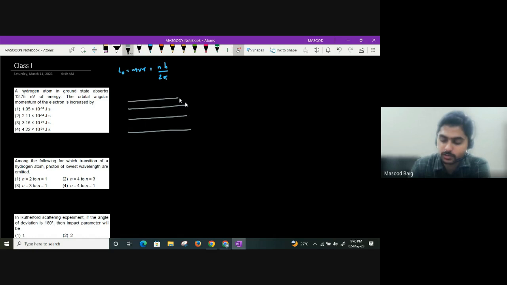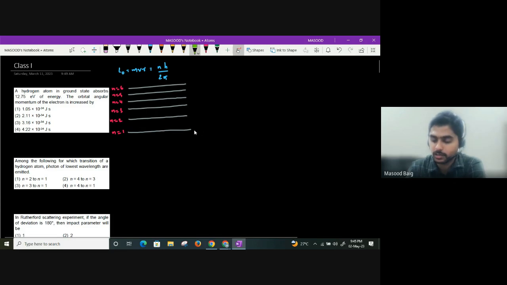So what is the situation here? We need to take different energy levels again. So this is your ground state, n is equal to 1, n is equal to 2, n is equal to 3, n is equal to 4, n is equal to 5, n is equal to 6. This you have studied in chemistry also. In ground state, you will have minus 13.6 electron volt, for hydrogen atom I'm talking about, guys.